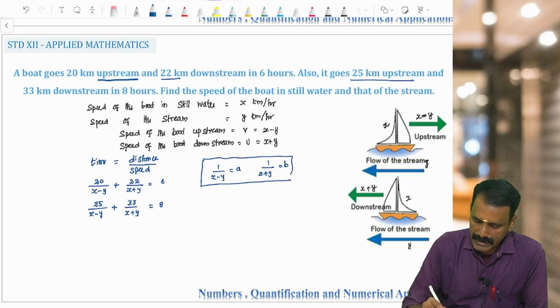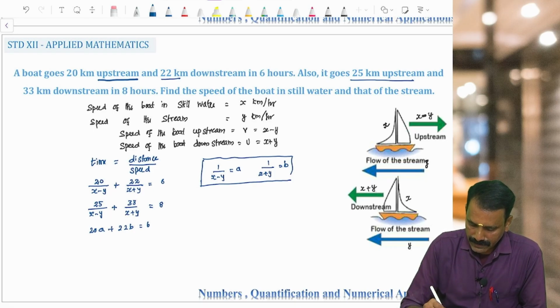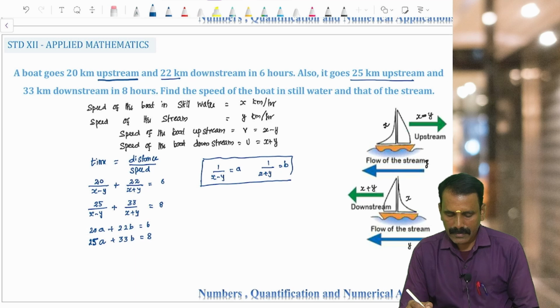We try to simplify this expression by this substitution. So this equation turns out to be 20a plus 22b is equal to 6, and here it is 25a plus 33b is equal to 8.